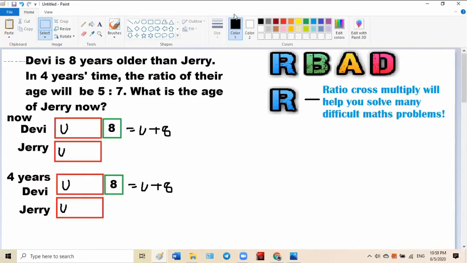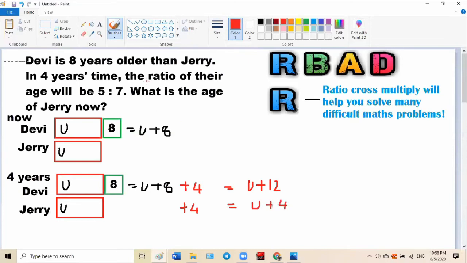In this case, I have to add 4 years for Davy and another 4 years for Jerry. Now, the new outcome would be Davy will be unit plus 12, whereas Jerry is unit plus 4.